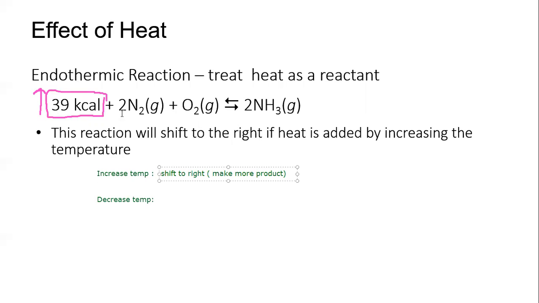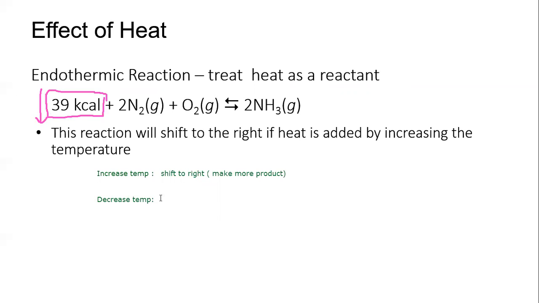So what happens is, as equilibrium is reestablished, the concentration of reactants goes down and the concentration of products goes up until equilibrium is reestablished. Now, if we remove heat, that means we're taking heat out, and heat is a reactant, so we're removing a reactant.